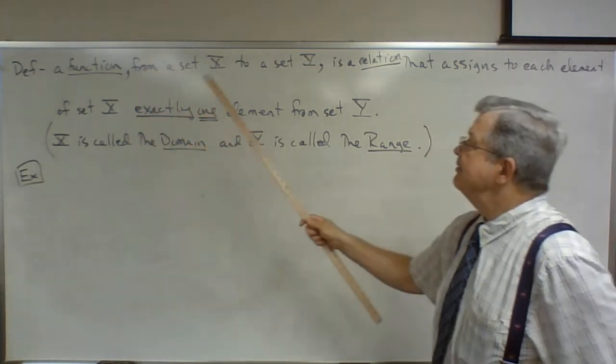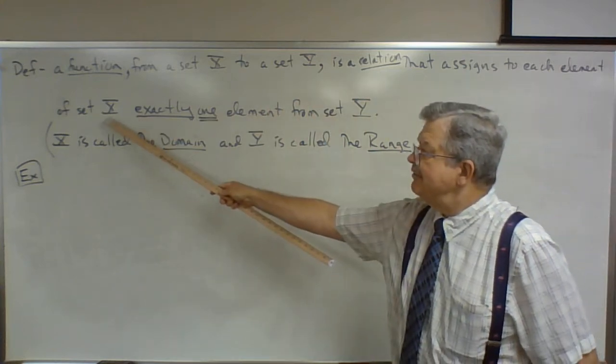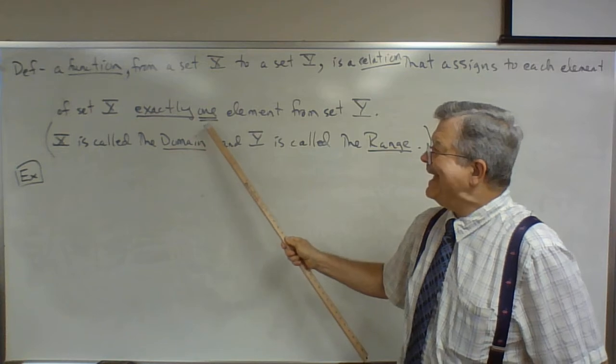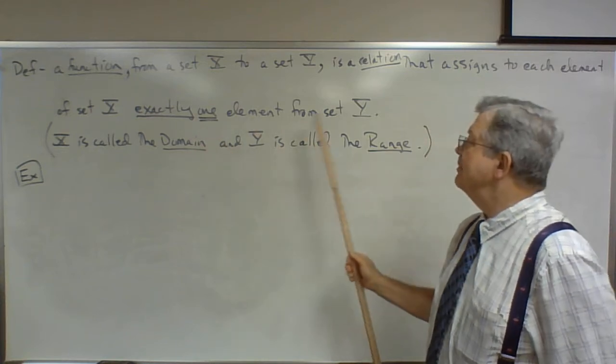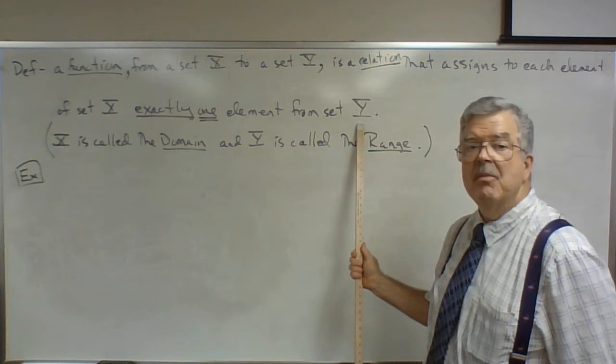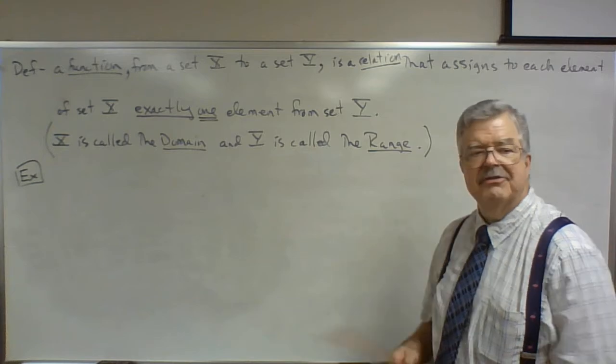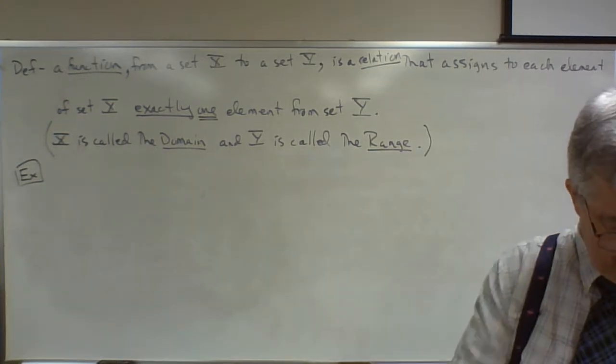A function from a set X to a set Y assigns to each element of set X exactly one element from set Y. One element from set Y, no more, no less. So let's look at some examples.